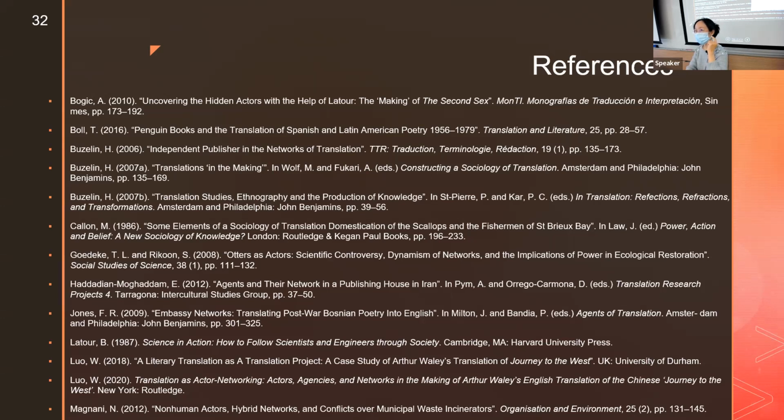If I remember right, because it's already 2 years ago when I was writing that book, there are altogether 3 or 4 groups of non-human actors identified in my book. The first is the Second World War, the second is the influenza, and the third is the network of texts.